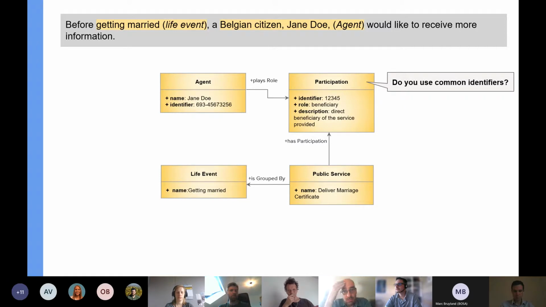I'm sorry, I was away for a few minutes, so I'm not sure it's been discussed, but this type of organization in the model regarding beneficiaries is quite different from the approach we have taken, because we make beneficiaries a special kind of agent.